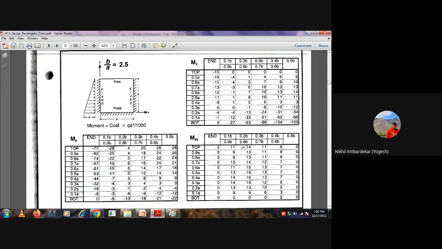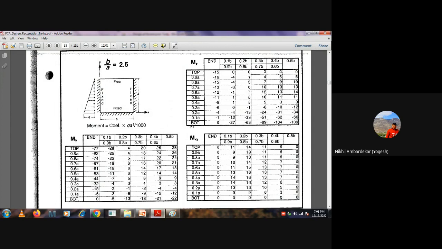Yes, so now we can see there is also one row and one column mentioning top and bottom and different heights. If you go to my or mx, top to bottom is 0.9 to 0.1a.